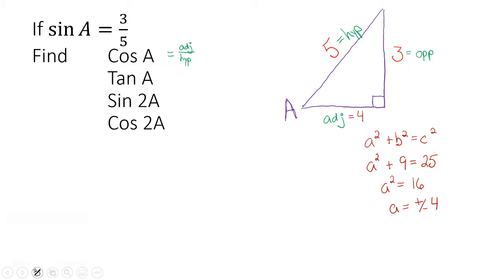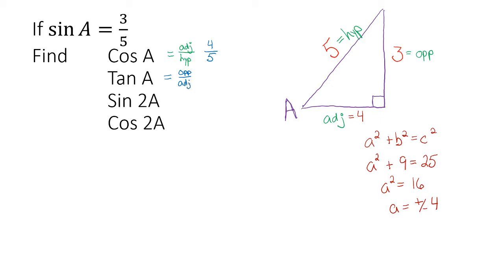Now, I believe that we can figure out what the cosine of A is. The adjacent side is 4. The hypotenuse is 5. So therefore, the exact value of the cosine of A is 4 over 5. I hope that makes sense. What about tangent? What is tangent's ratio value? Tangent is opposite over adjacent.